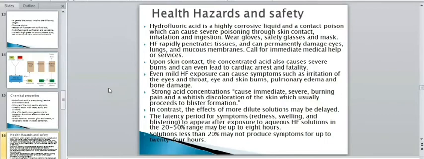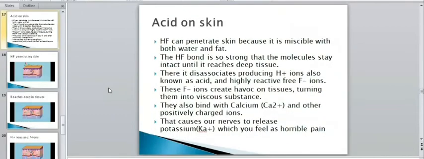The symptoms are mainly redness, swelling, and blisters, which appear after exposure to HF solution in the 20 to 50% concentration range, maybe up to 8 hours. And a concentration of less than 20% may not produce symptoms for up to 24 hours.